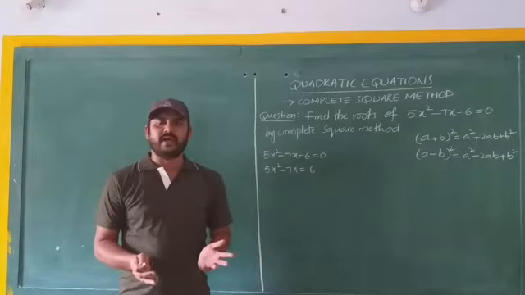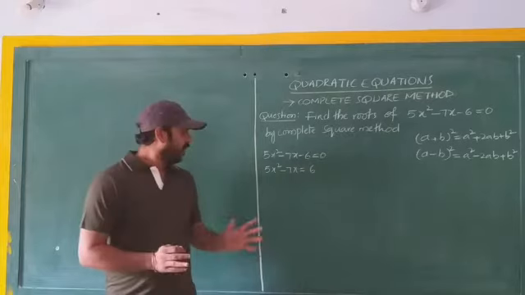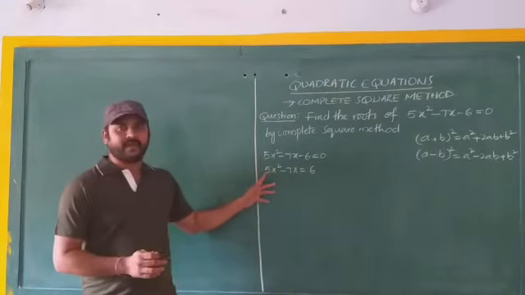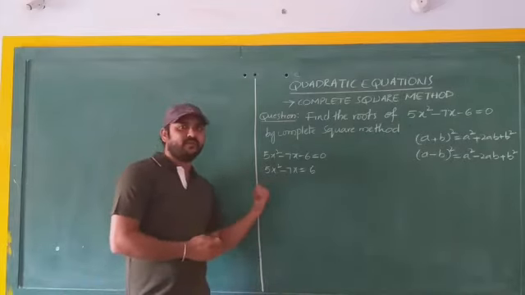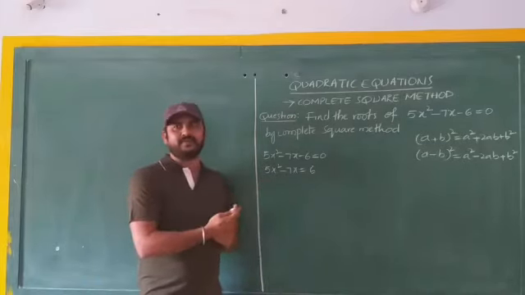coefficient of x square must always be equal to 1. Here the coefficient of x square is 5. We have to make it equal to 1. So to make it equal to 1, we divide all the terms by 5.